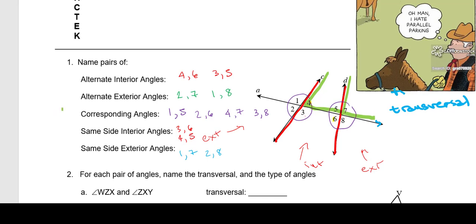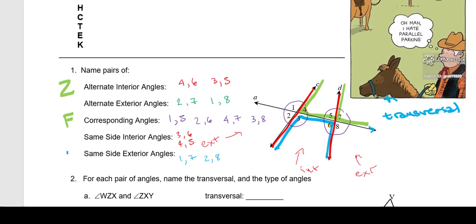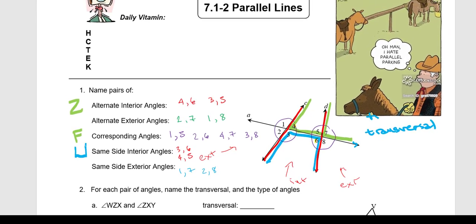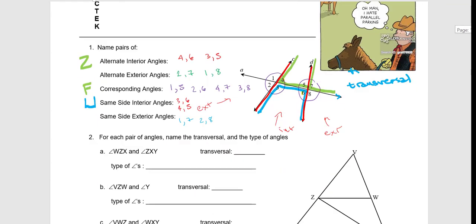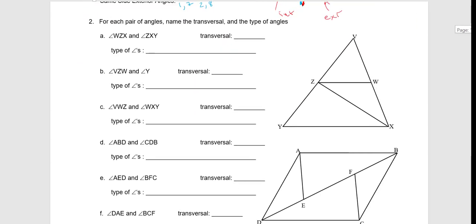So corresponding angles are going to end up forming an F shape. Alternate interior angles are going to form a Z shape. Same side interior angles are going to end up forming a U shape, like this. So same side interior angles are going to form a U shape. Okay, so let's try working with some problems here.